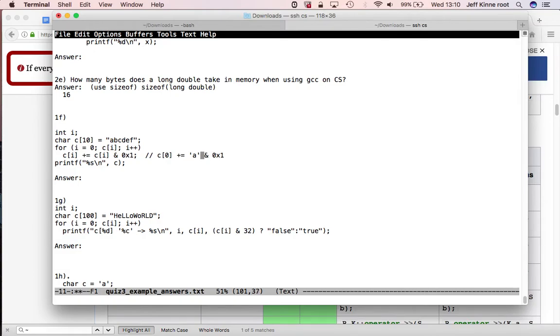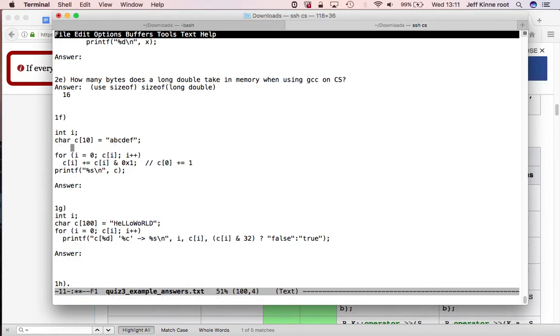So we need to look at the actual integer value of A. Lowercase a is 97, which is odd. So 97 bitwise and of 1 is 1. So that's going to be plus equals 1, which puts a b in here.